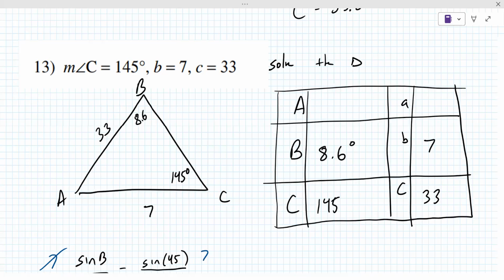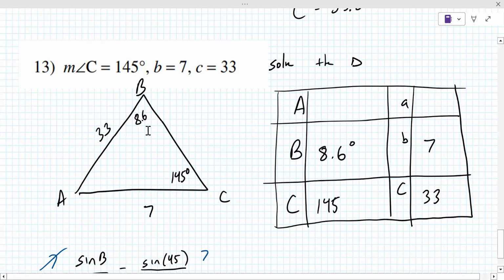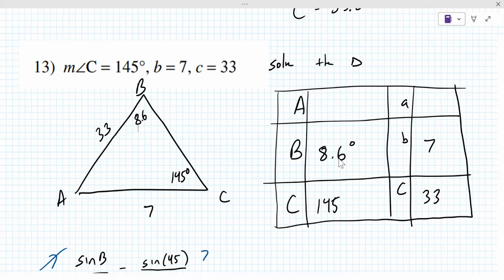Big A is 153.6. So all the angles in the triangle have to add up to 180. And I know that 153 plus 145 is definitely bigger than 180. Go ahead and try that one more time. 26.4. Okay, that sounds more reasonable.